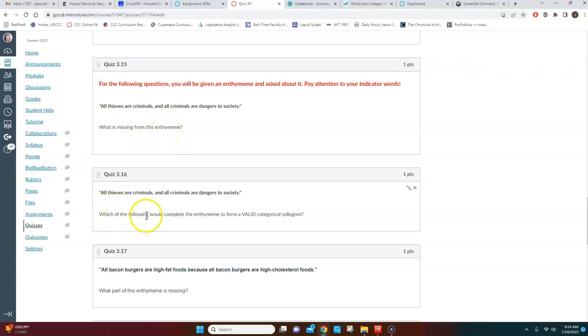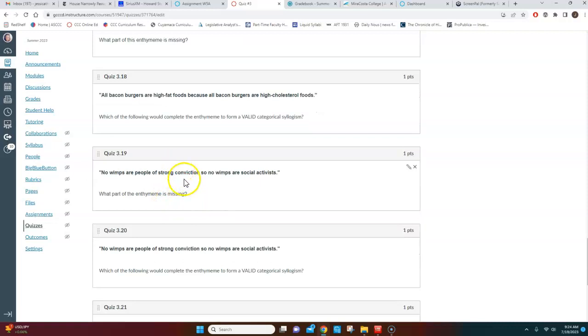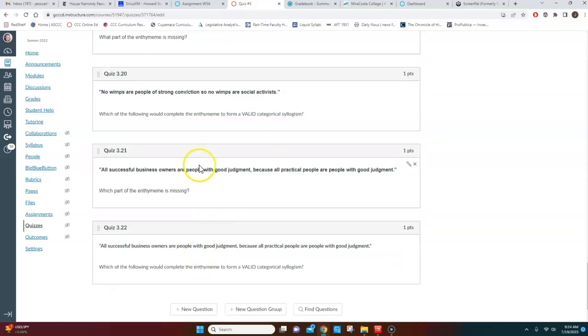And then which one of the following would complete the enthymeme to form a valid categorical syllogism? They're both pertaining to the same example. And notice, the same 2 questions repeat themselves: what's missing, and how do you complete it?